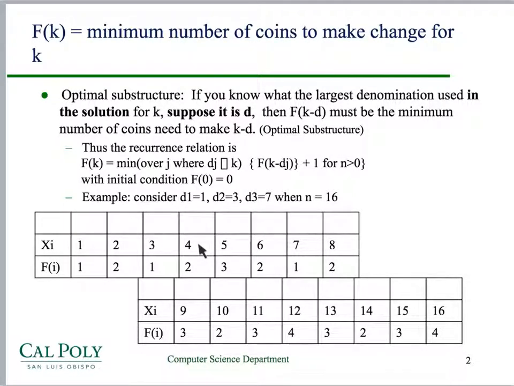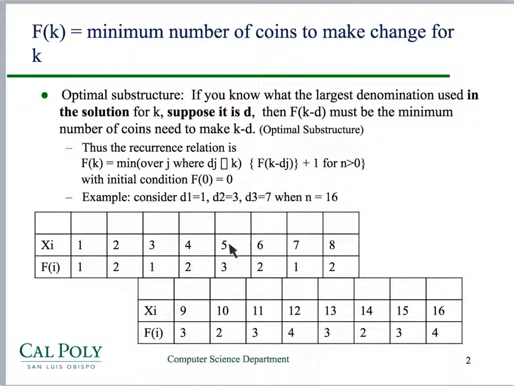We have to try 3, and then 4 minus 3 is 1, so that's 1 plus the 1 coin for the 3-cent denomination, and so that's 2. Or we could try 1, and check 4 minus 1, and that's 3. That only took us 1 coin, so that would be 2.